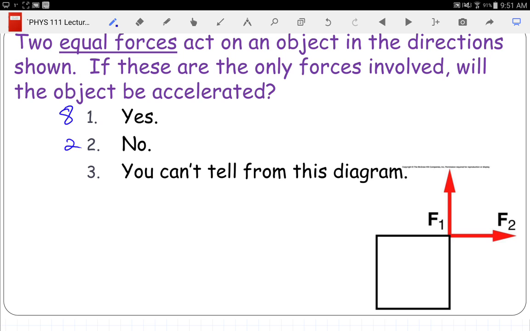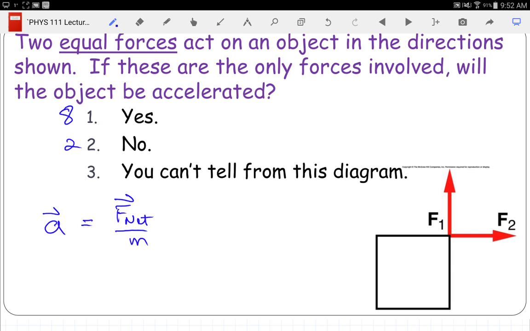Newton's second law says that the acceleration is equal to the net force divided by the mass. So I look at these 2 forces. I have a force that's to the left, or to the right, excuse me. I've been looking at things backward.